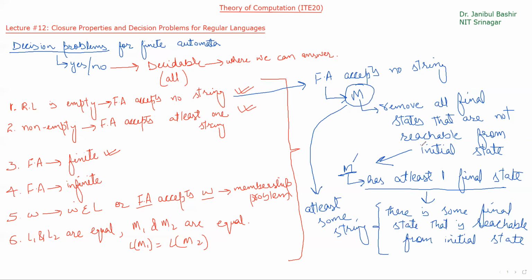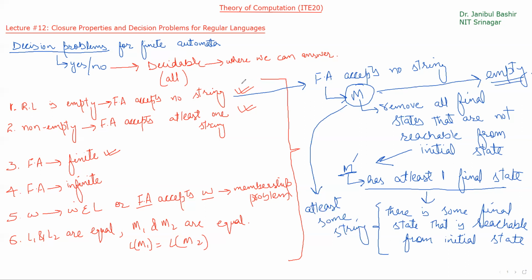However, if after removing all final states that are not reachable from initial state, there is no final state, that means no string will be accepted by this particular M. Then in that case, language of this particular automata is empty.